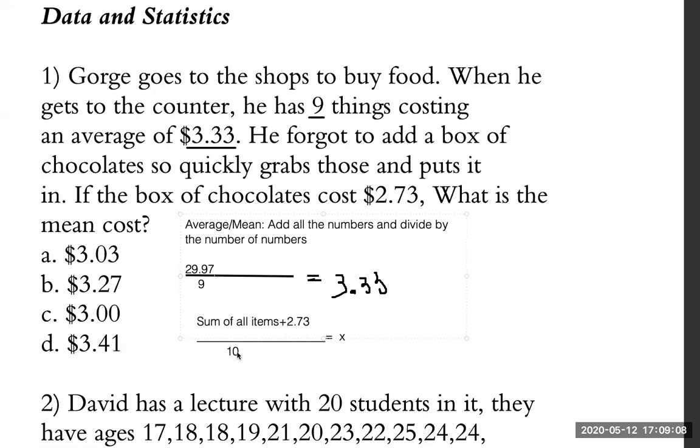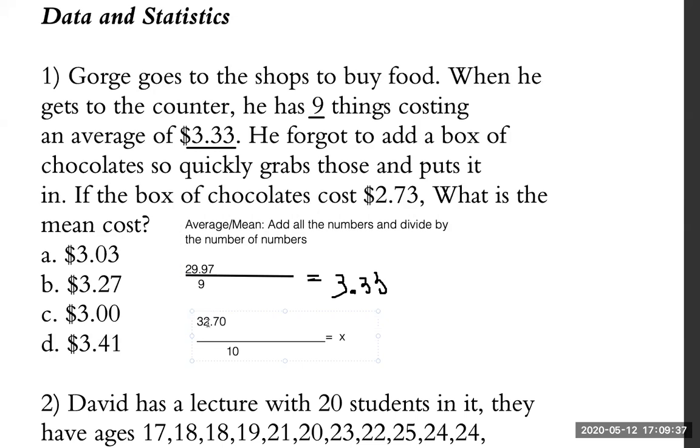So now if we come back to this question, we can change the sum of all things to 29.97. And now we can add up the total bill before and the bill now. When you add 29.97 plus 2.73, what do you get? $32.70.